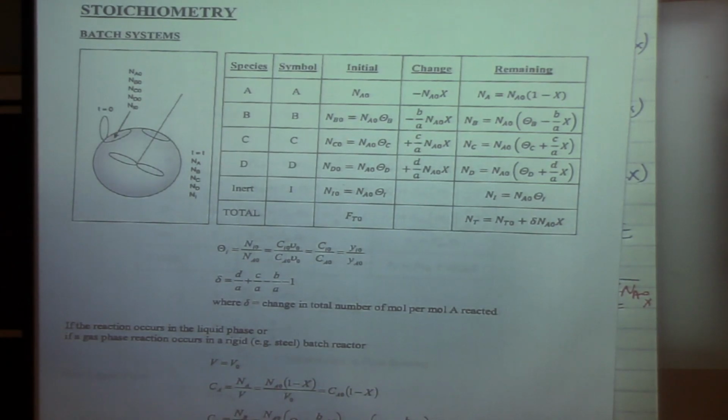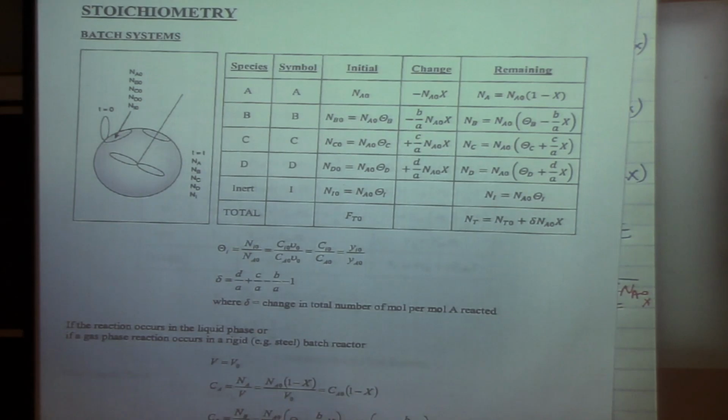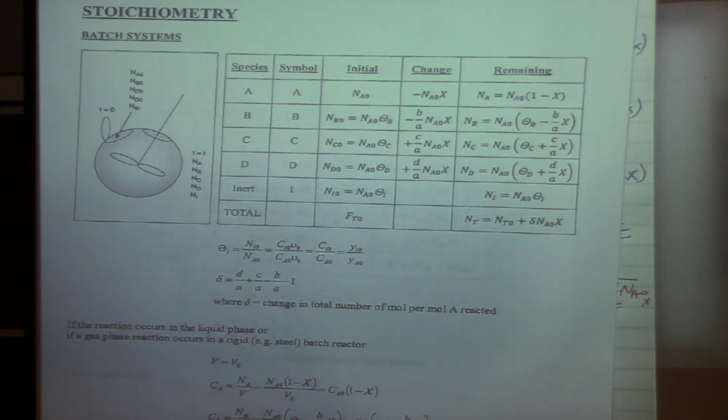And then another important concept comes into play, and that's the difference between gases and liquids. This is very important. The main difference, aside from the definition that you had from 201, is just the volume change. If in your system you have a constant volume, that is for liquids. And also some gases might have a constant volume.